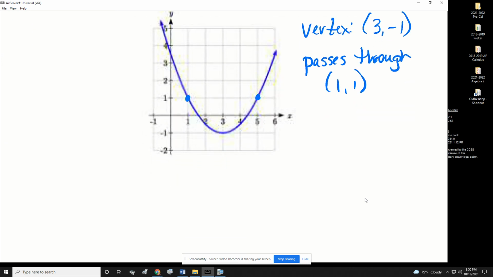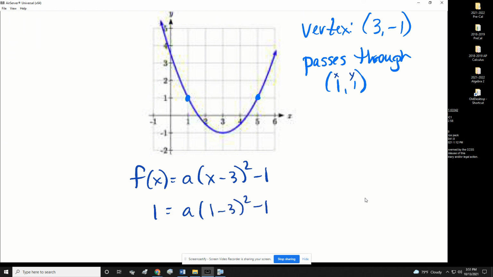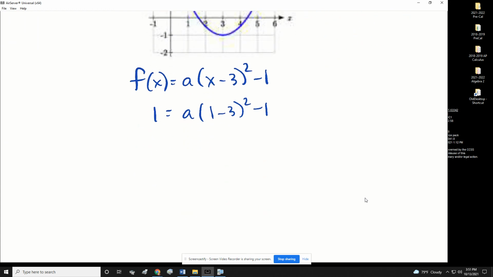All right, so we're going to do this just like the last one. Go ahead and put our vertex into the vertex form. All right, and then we would put 1 in for x and 1 in for y. And then we're going to solve it for a by adding 1. Go ahead and subtract those.